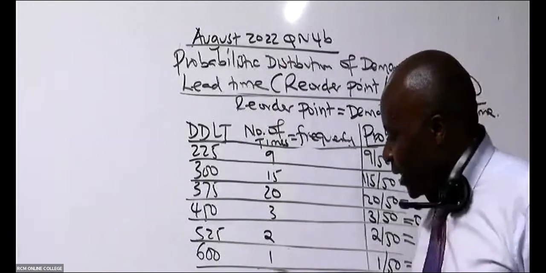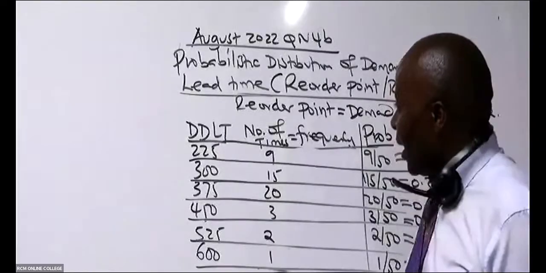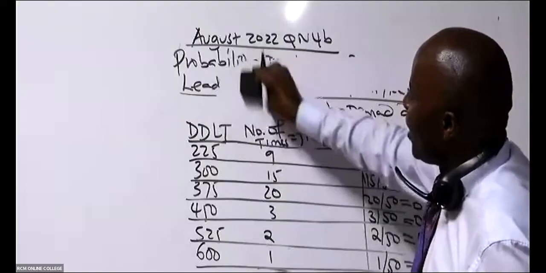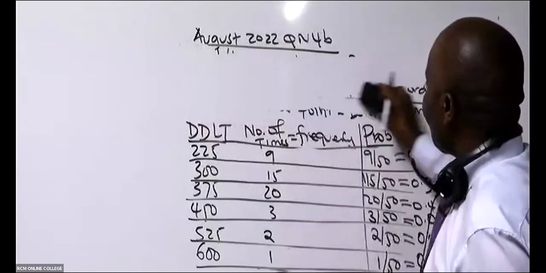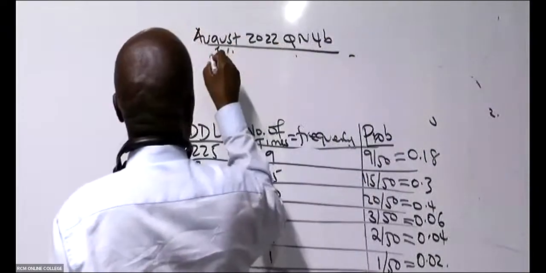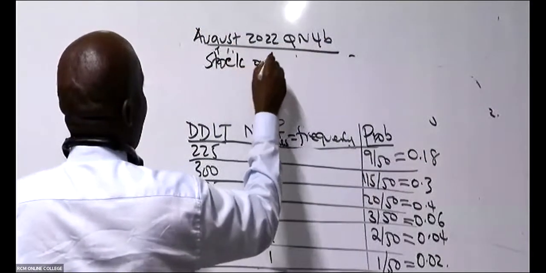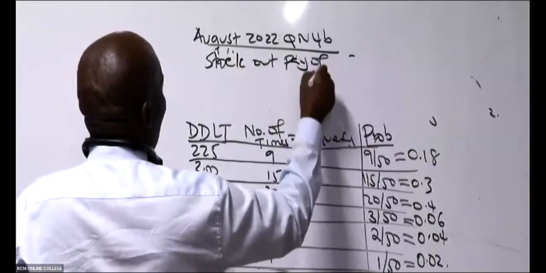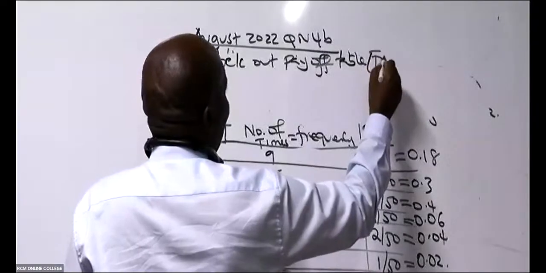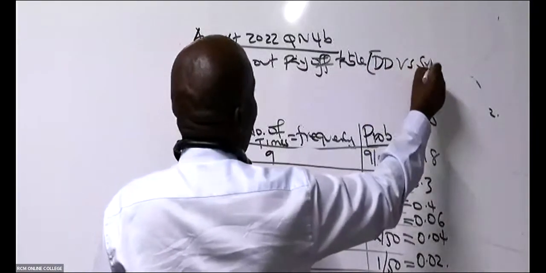Now, once you draw it, you can go and give us that payoff table, a stock out payoff table, where basically we compare demand versus what here?